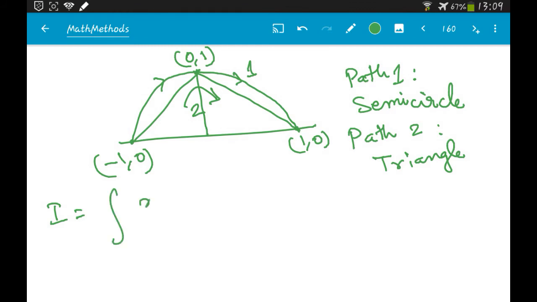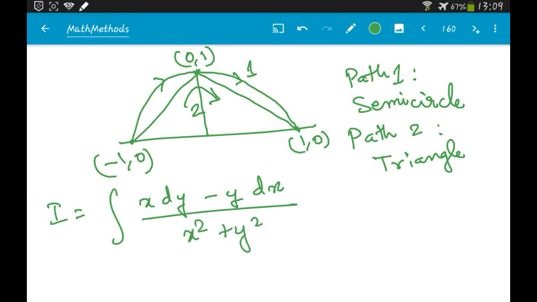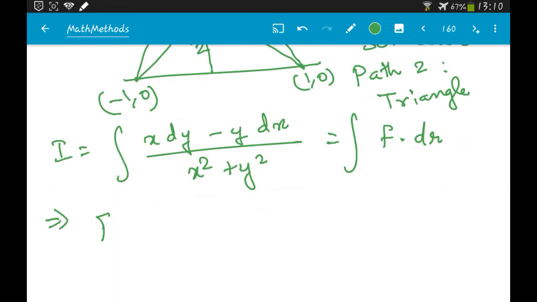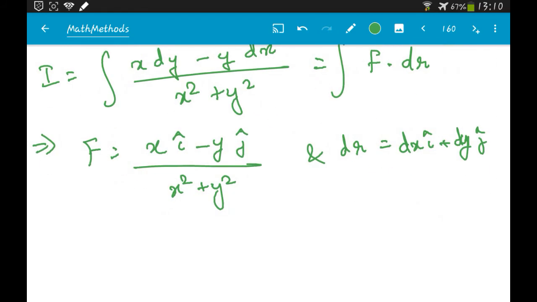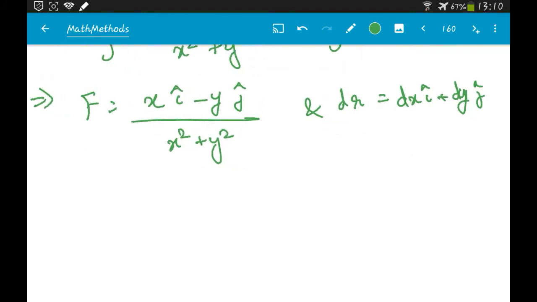So I is given by x dy minus y dx by x square plus y square, which is nothing but F dot dr, which means that F is xi minus yj by x square plus y square, and dr is dx i plus dy j.